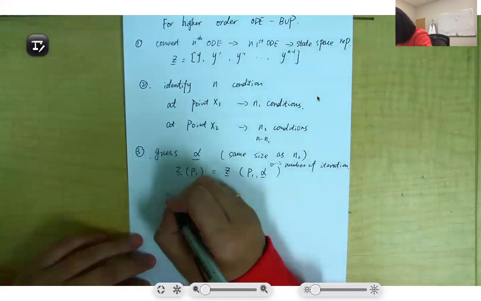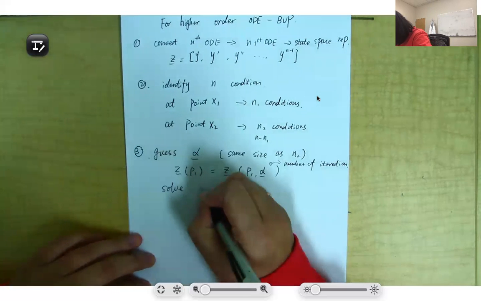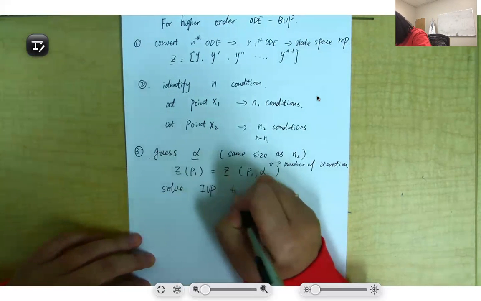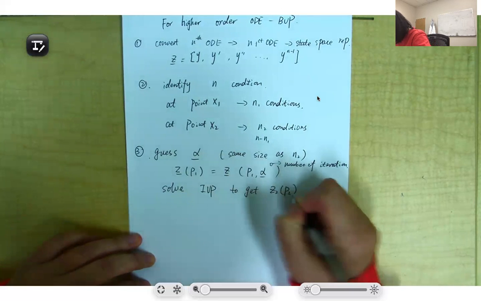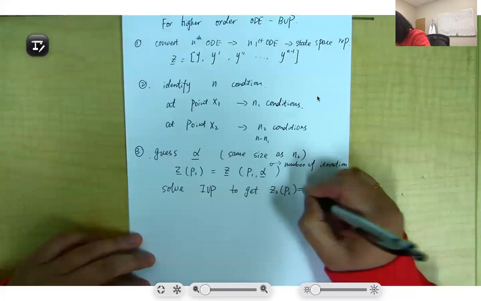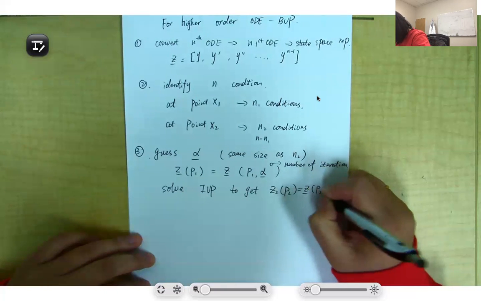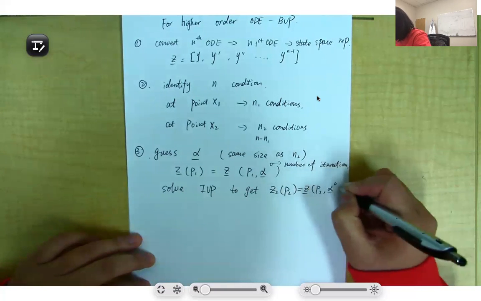So we will solve the IVP to get z at p2, where z at p2 is computed with alpha_0, this initial guess.